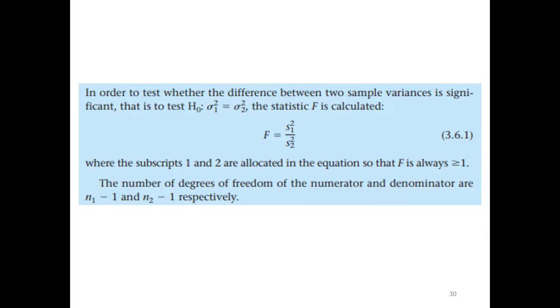So there is no big difference between the variances of the two methods. That is the null hypothesis, and the F statistic can be calculated using this equation: F equals the square of the standard deviation, that means the variance of method 1, divided by the variance of method 2.